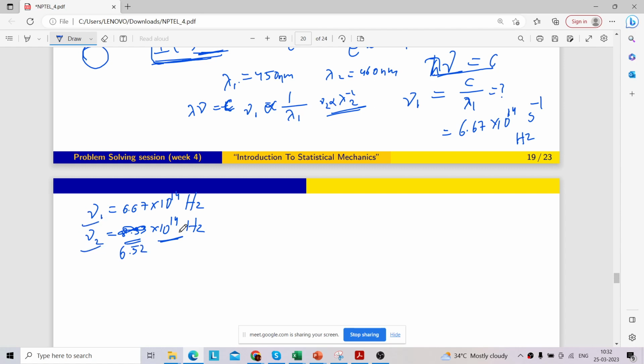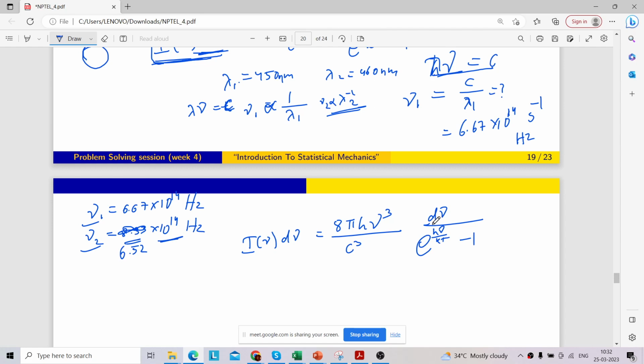So let's look at the formula. I nu d nu is 8 pi h nu cubed over c cubed or c square, I don't remember it properly, d nu over e to the power h nu over kT minus 1.